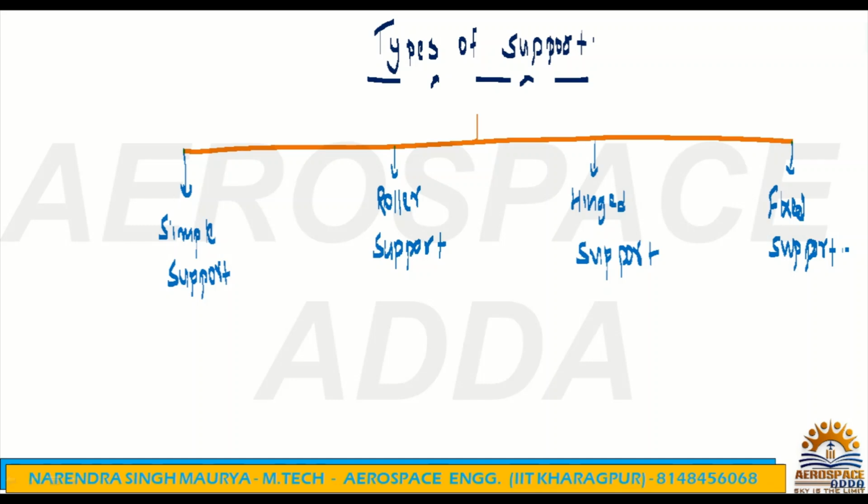Generally, we'll talk about roller support, hinge support, and fixed support. Simple support, obviously, is a type, but it is very common. Anyway, we'll discuss every support here. We'll see for all the supports what the motion is, what about the rotation, how many reaction forces are acting for that particular support, and how many moments are acting. Each and everything we'll see one by one.